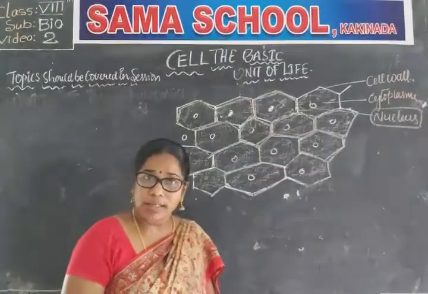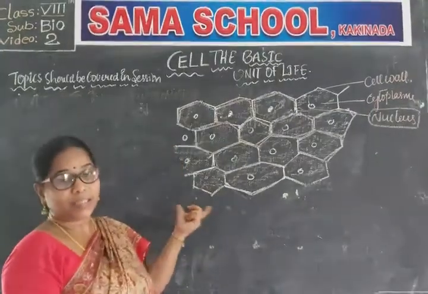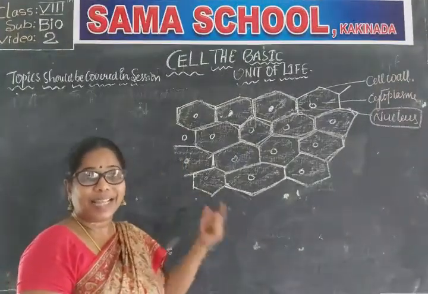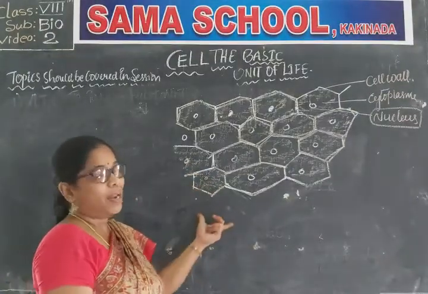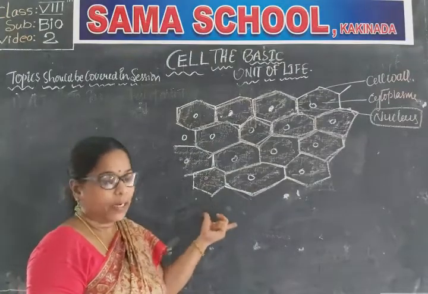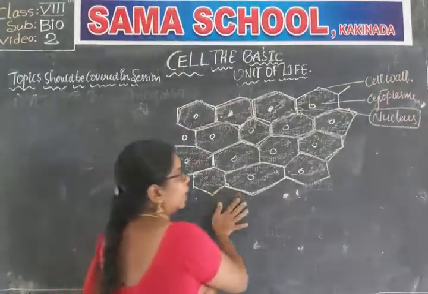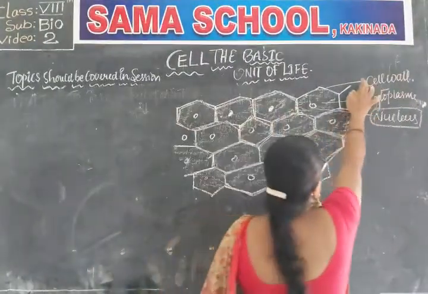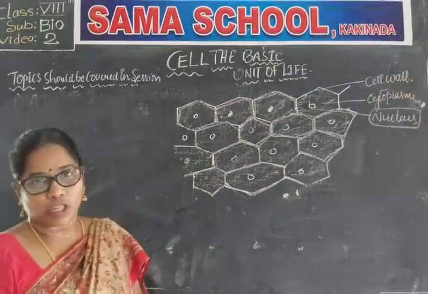Understand? There is no cell wall. Our aim is to observe the cells of the onion peel. I hope everyone understood. These are the structures which are present: cell wall, cytoplasm, nucleus.